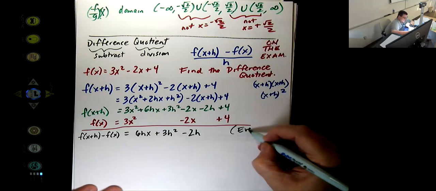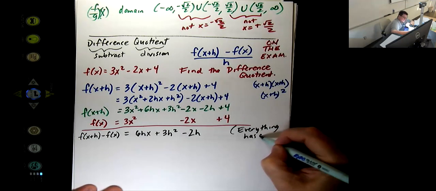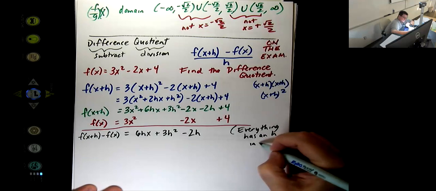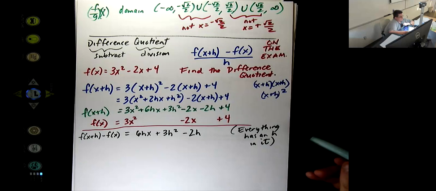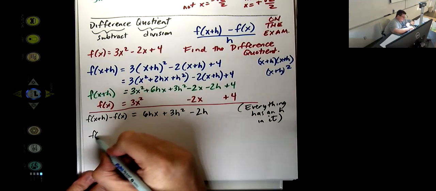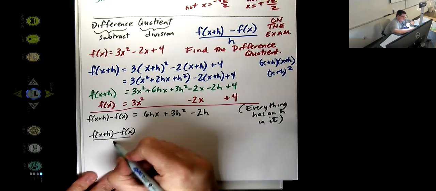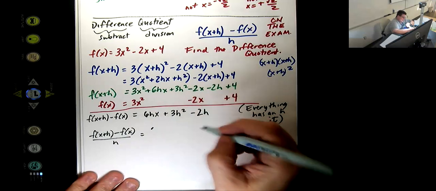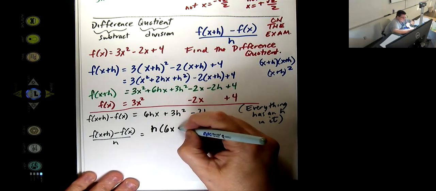Everything has an h in it. So if I do f of x plus h minus f of x divided by h, I can factor out an h out of everything that was there.